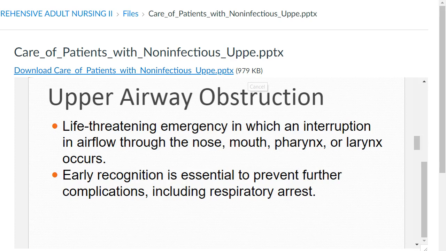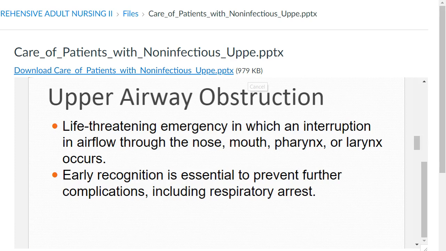At highest risk for this are nursing home residents, people who are dehydrated, those with altered mental status and the inability to communicate, and really people who aren't able to effectively cough and bring up those secretions. So we might see this also in people who have had a stroke, cerebral edema, aspiration, people who've had severe burns, or even anaphylaxis reactions.